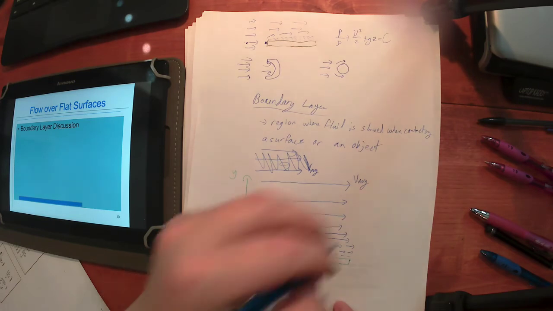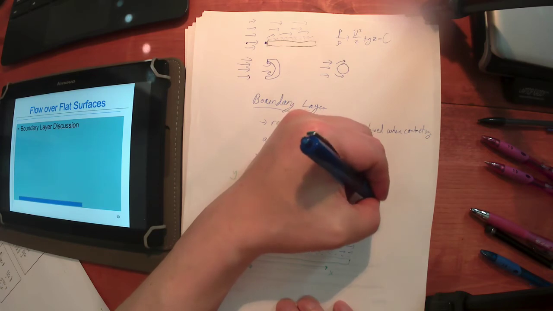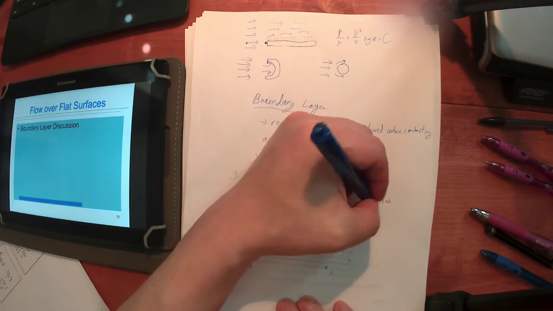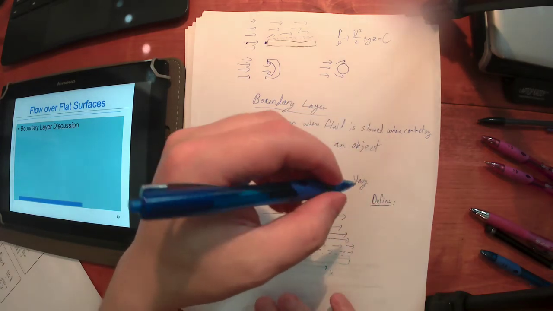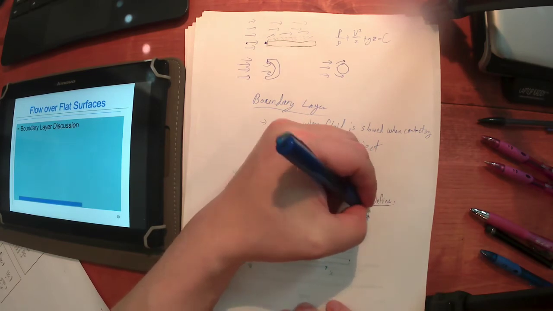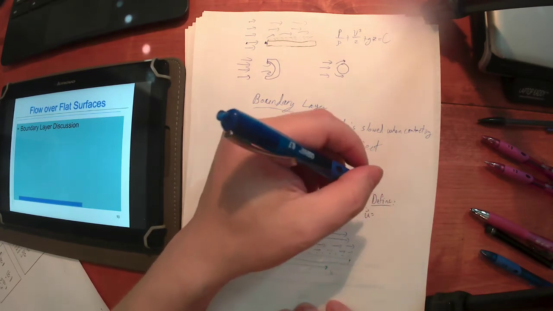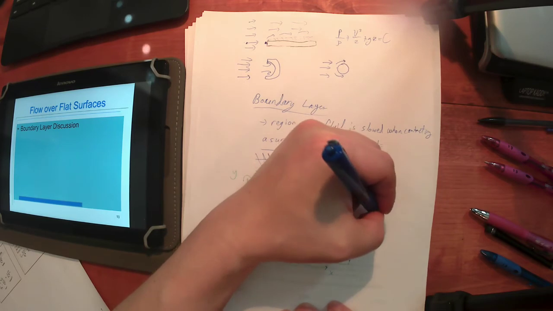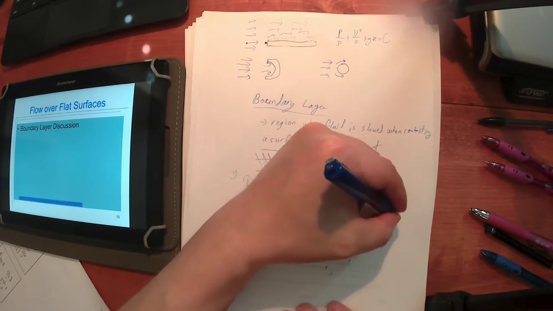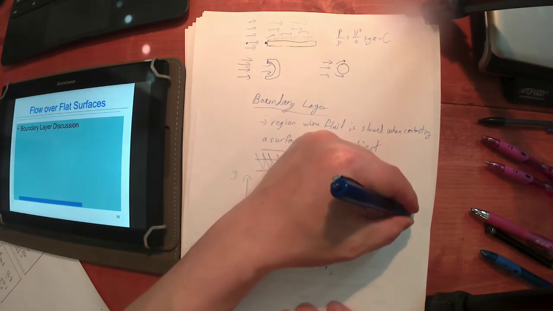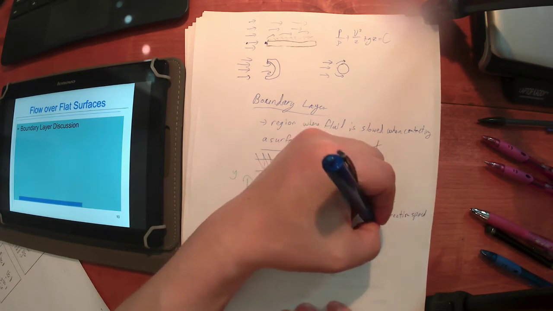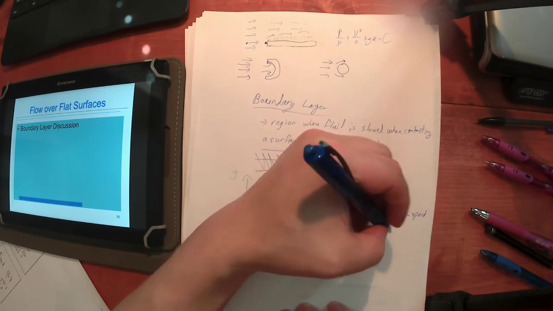Okay, so if we define some things here, let's define a u vector, and the u vector we'll define as the x direction speed of the fluid.